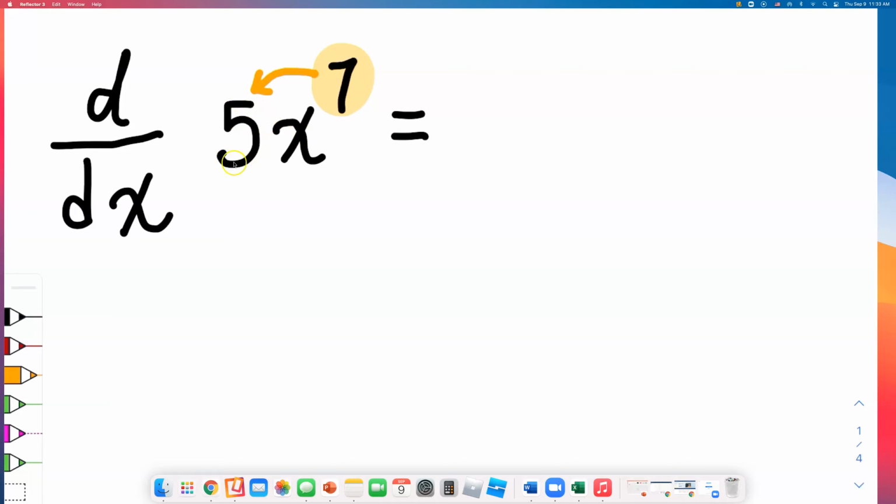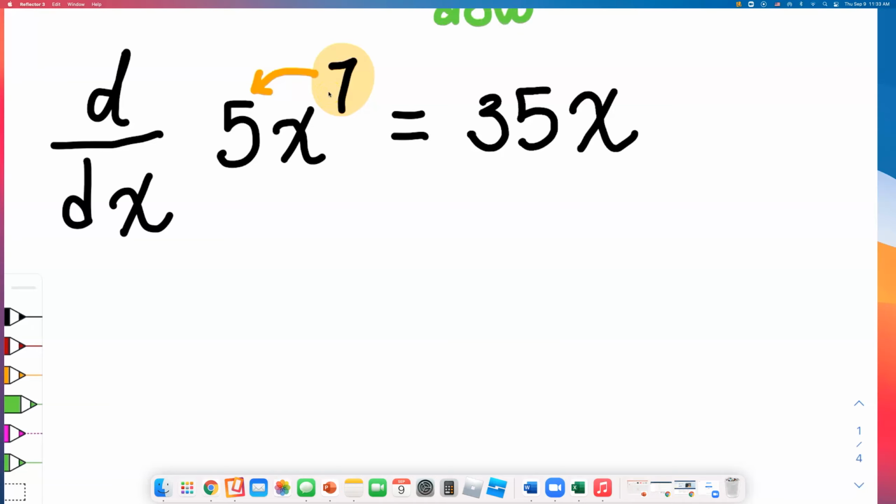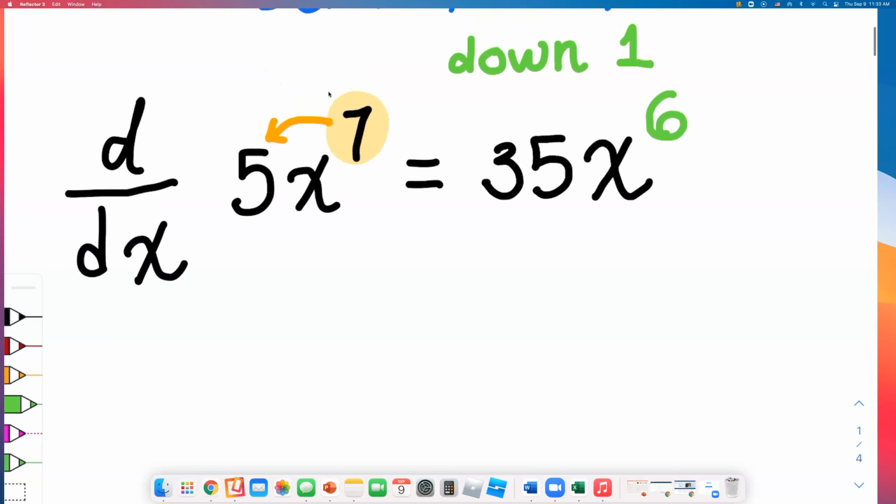So you have to multiply 5 times 7. So the new coefficient is 35 and the new exponent, what do you think? We have to go down one from 7. So the new exponent is 6. That's how you find the derivative.